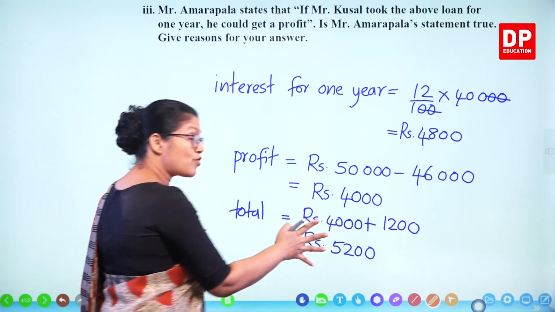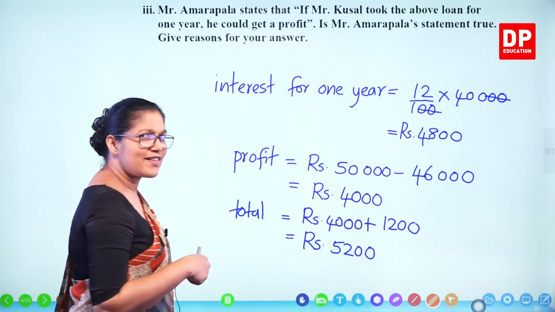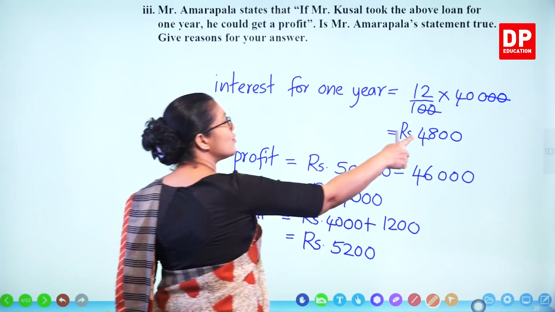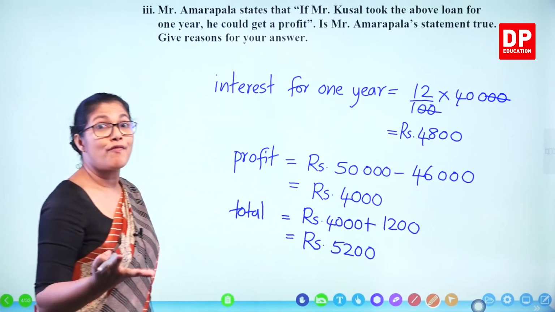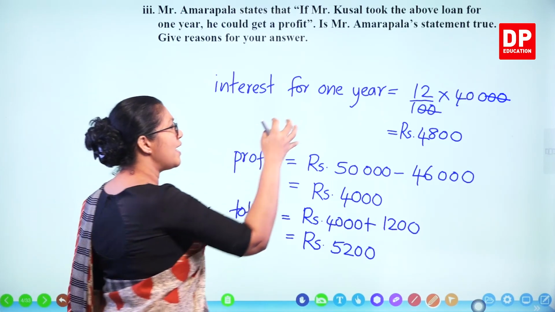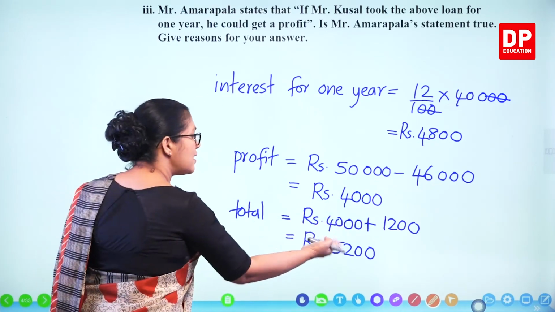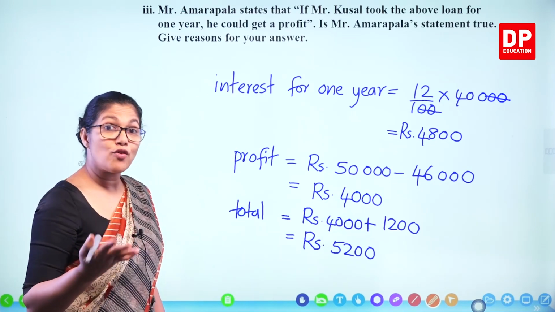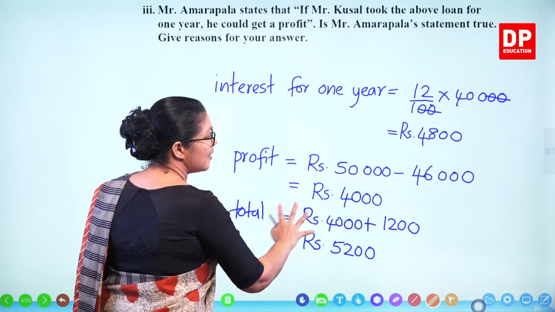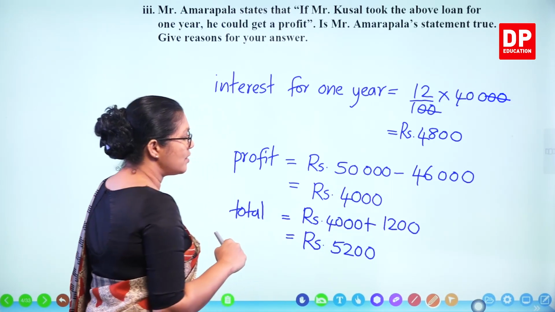Now, what do you think? He gets 5,200 rupees and he has to pay only 4,800. So this is more. So you get a profit actually if he is doing this. He has to pay only 1 year interest, 4,800, but he got 5,200 in advance. This is for free and this is for the discount.